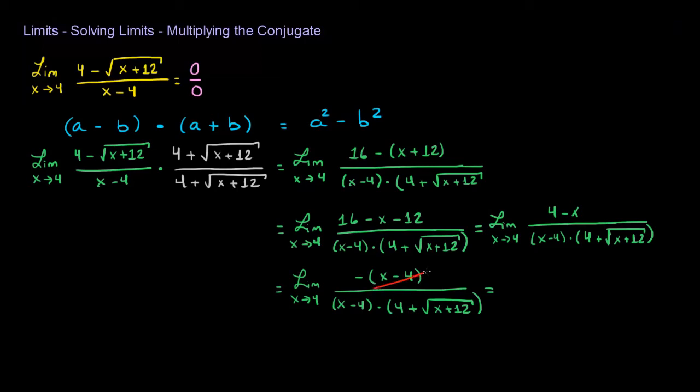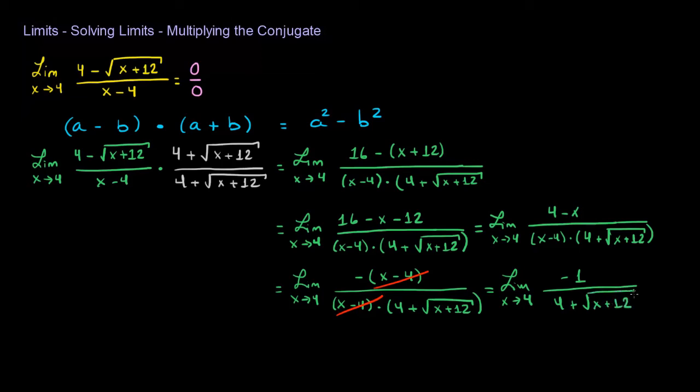I'm going to cancel out here and here, and we get to the limit when x approaches 4 of negative 1 over 4 plus the square root of x plus 12.